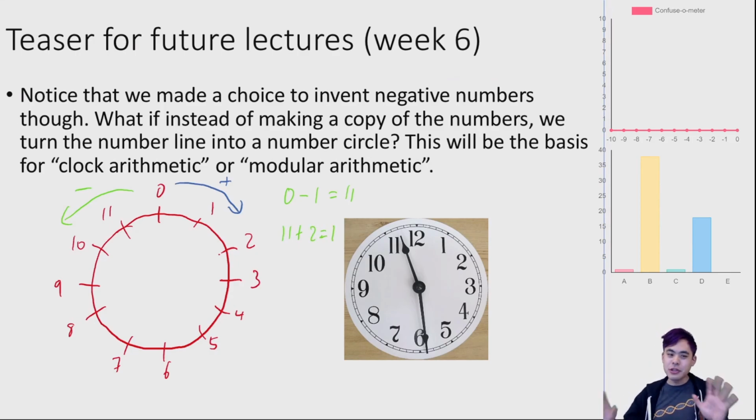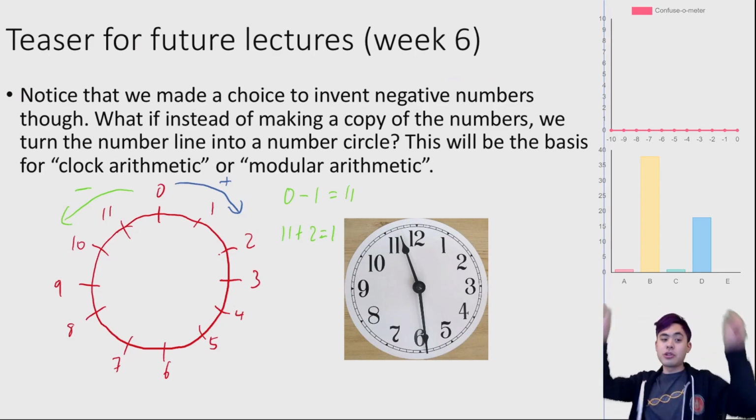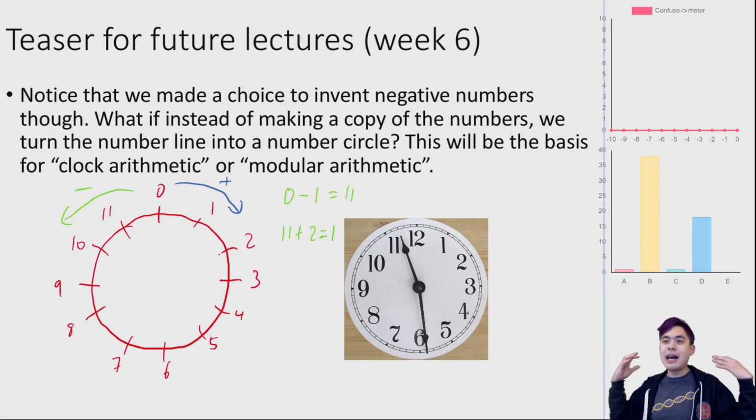And this is really weird, right? But it sort of makes sense if you think about addition and subtraction as moving to the left or moving to the right, or in this case, moving along the clock in one direction or along the clock in the other direction. And it turns out that you can create an entirely new type of arithmetic based off of this idea. The normal way we make sure subtraction always works is we invented negative numbers.